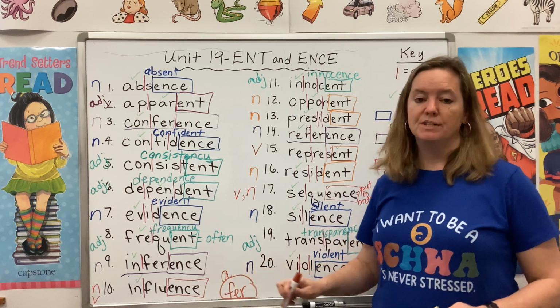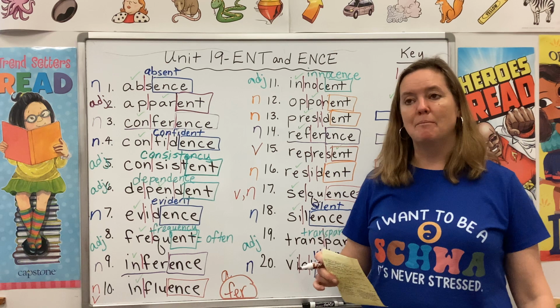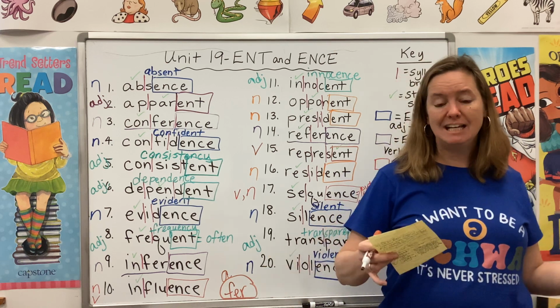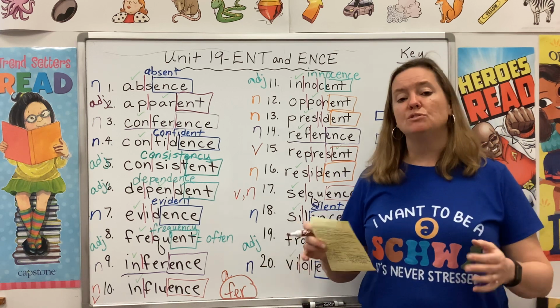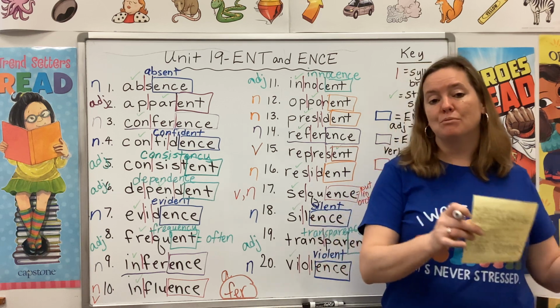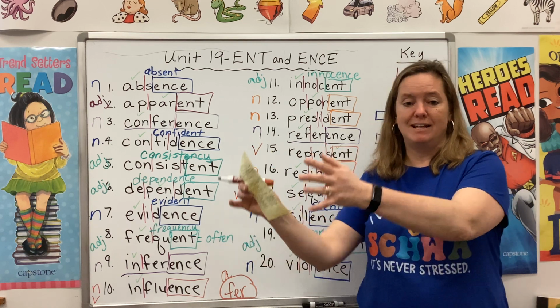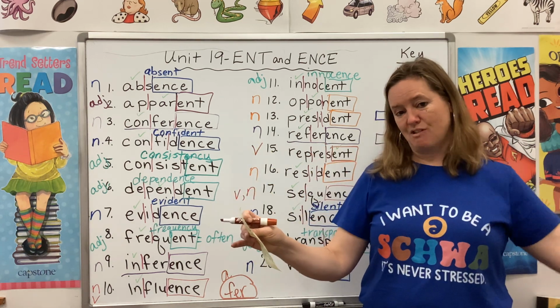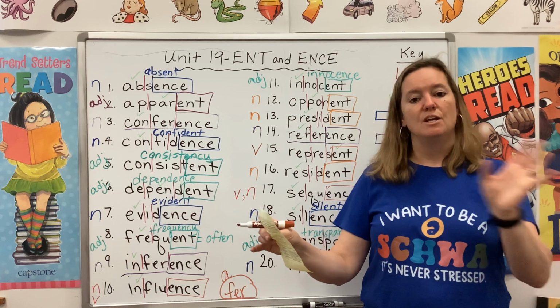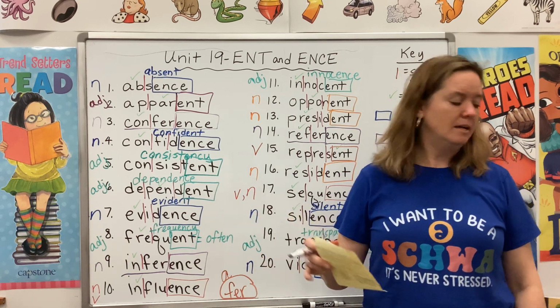Whenever you see words that contain F-E-R, there's a good chance that they have something to do with carrying or bringing stuff. So think about a ferry boat. What's the job of a ferry? It brings people from one port to another. So if you live on a tiny island and you're trying to get back to the mainland, you probably have to take a ferry, okay?